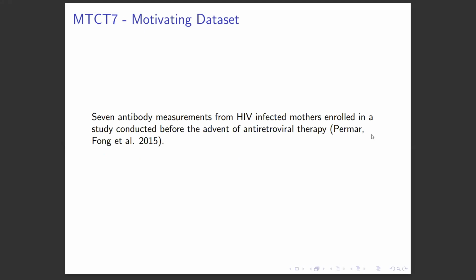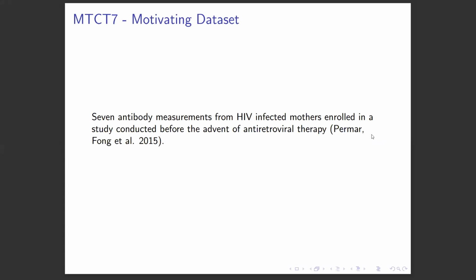And so this work was motivated by a data set from the study of HIV. In particular, it's a study of the mother-to-child transmission of HIV. So if the mother is HIV positive, then there's a chance that her baby will get HIV during birth.